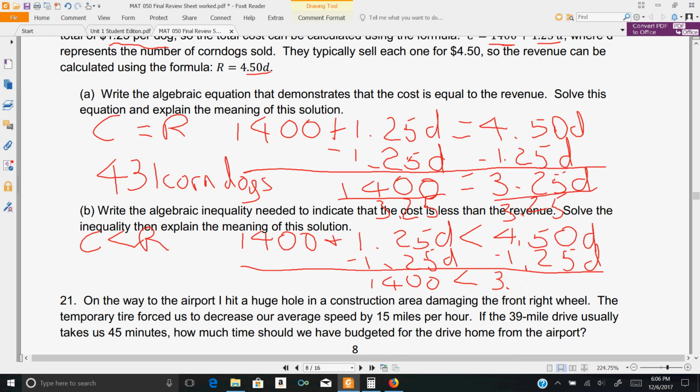So my inequality really parallels my equation. And once again, I'll divide by 3.25, and I'm going to get 431 has to be less than D, or D has to be greater than 431.